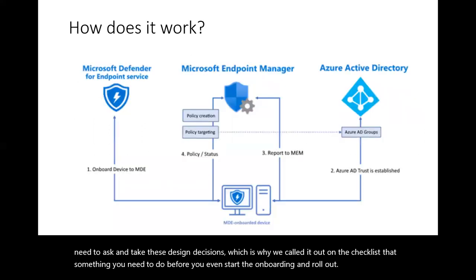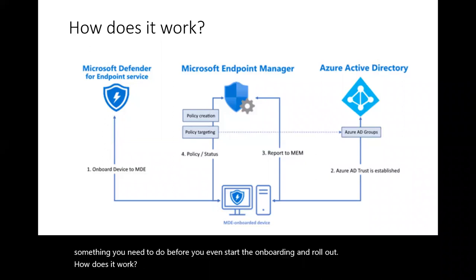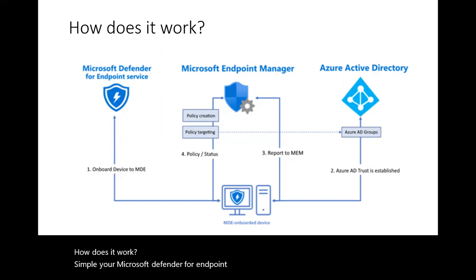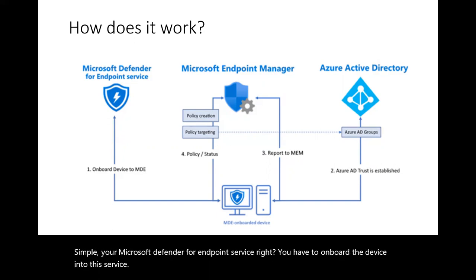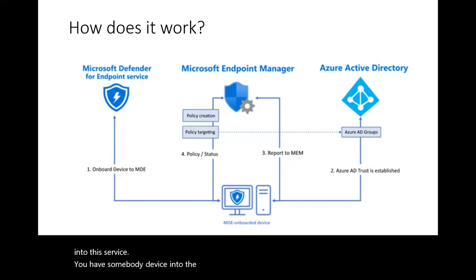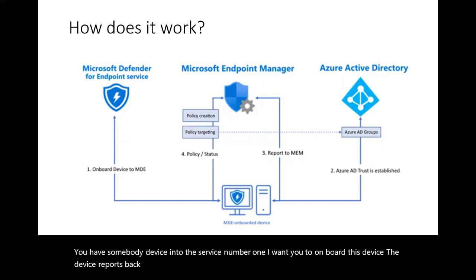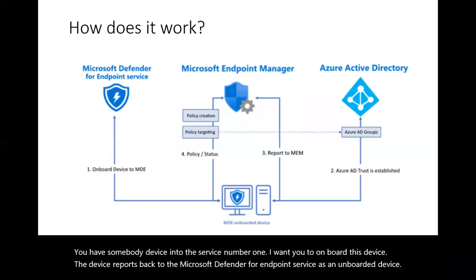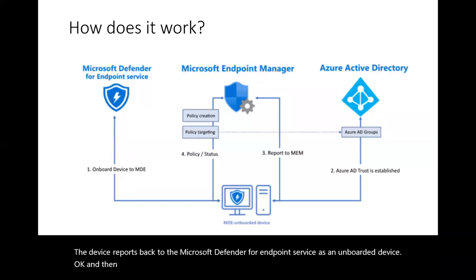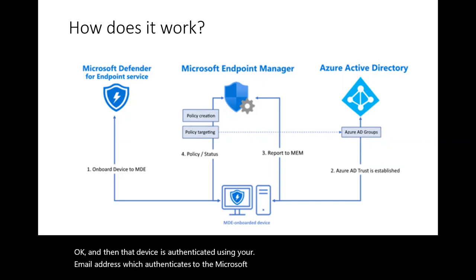How does it work? Simple. You have your Microsoft Defender for Endpoint service. You have to onboard a device into the service, number one. Once you onboard this device, the device reports back to the Microsoft Defender for Endpoint service as an onboarded device. Then that device is authenticated using your email address, which authenticates to Microsoft Azure Active Directory, which is your identity.